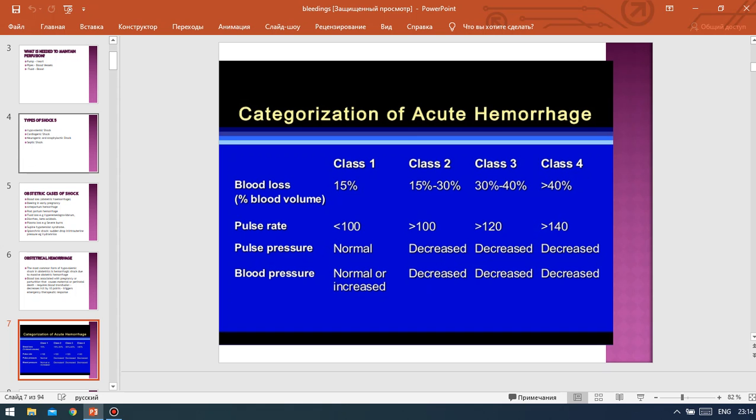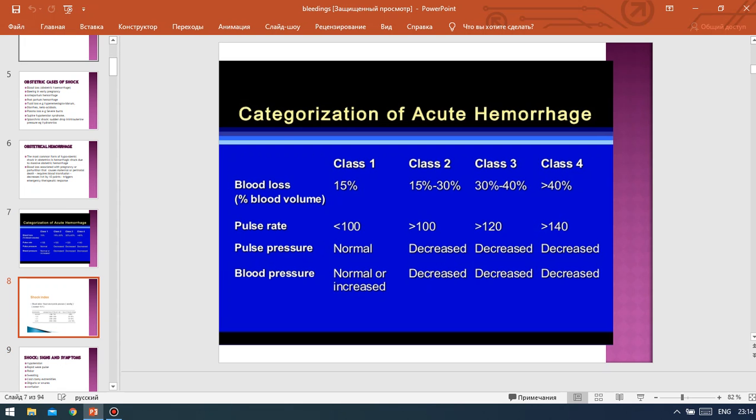At class 4, the pregnant woman has lost more than 40%, the pulse rate is more than 140, and the pulse pressure and blood pressure are decreased too.